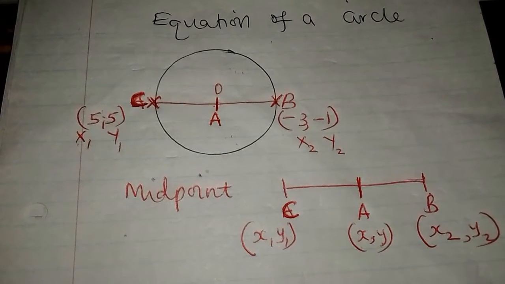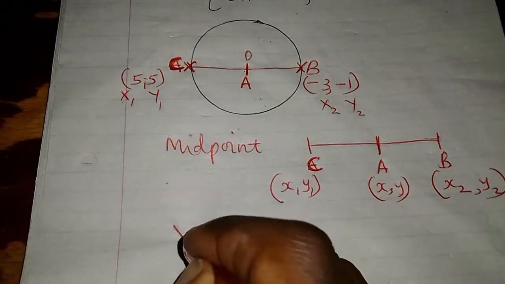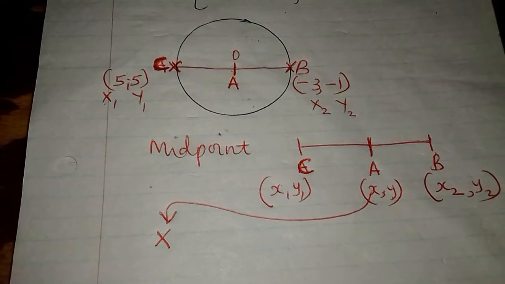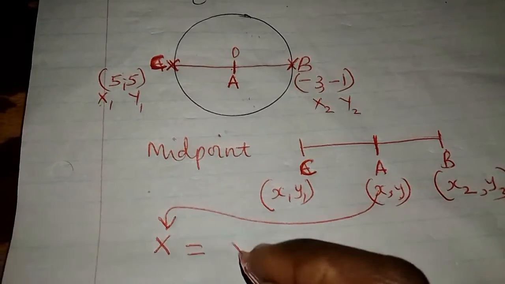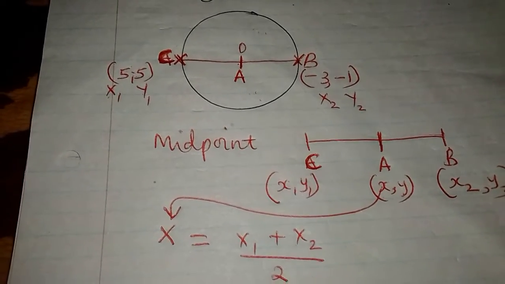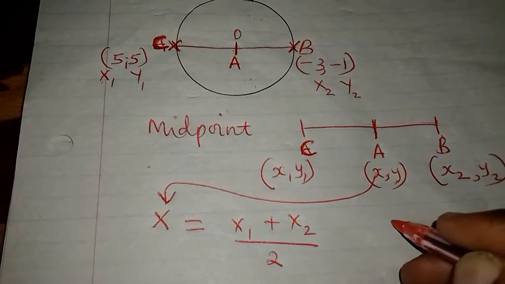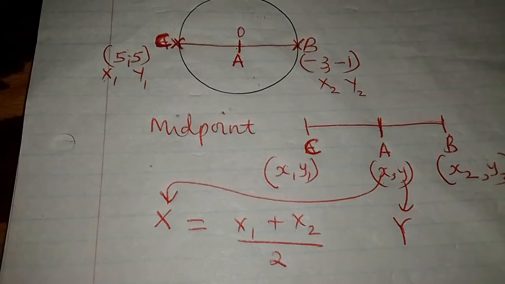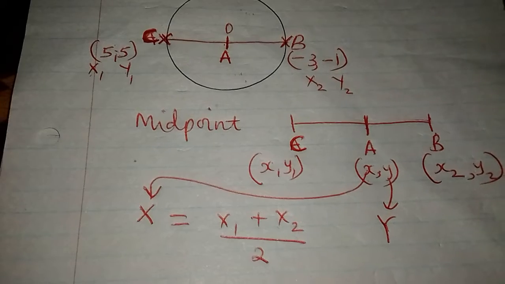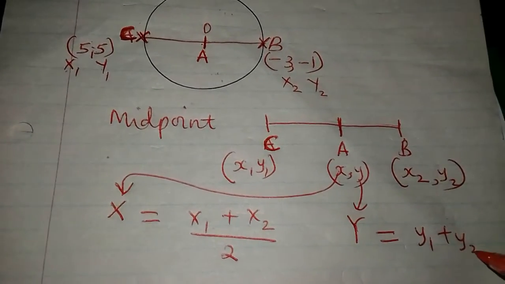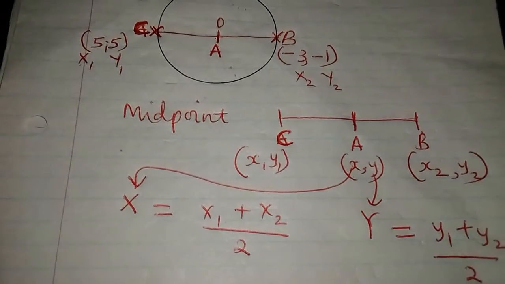We always say the x value will be equal to x1 plus x2 divided by 2. That is it. The y value should be equivalent to y1 plus y2 divided by 2.